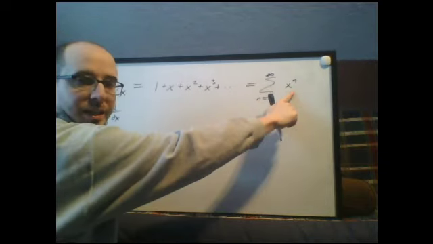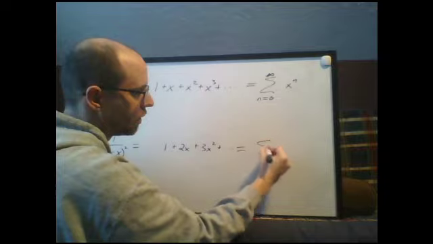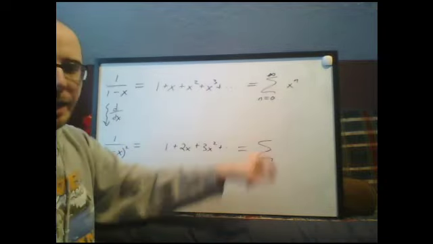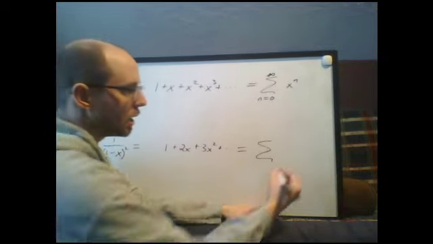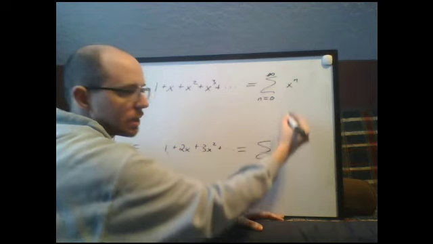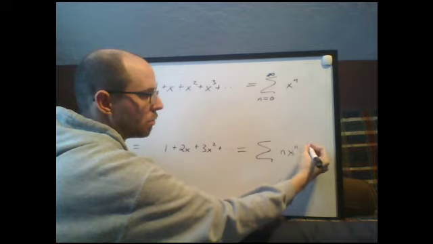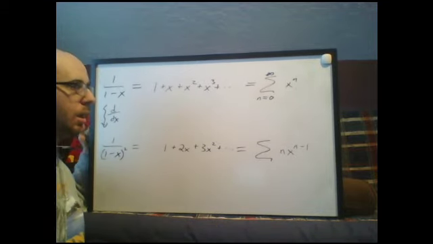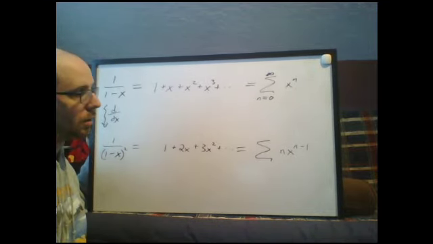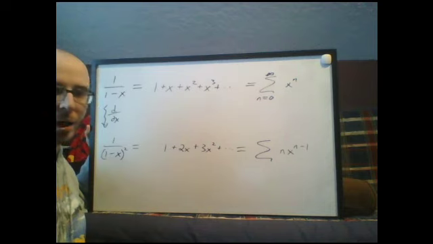If I do it to the generic term, the derivative of x to the n with respect to x would be the power comes down, n times x to the n minus 1. Now, I have a problem.